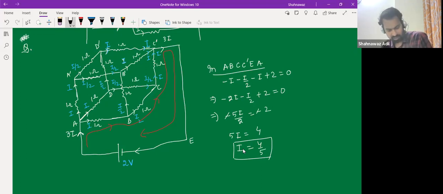In the NCERT book, they have taken this to be 10 ohm, right?